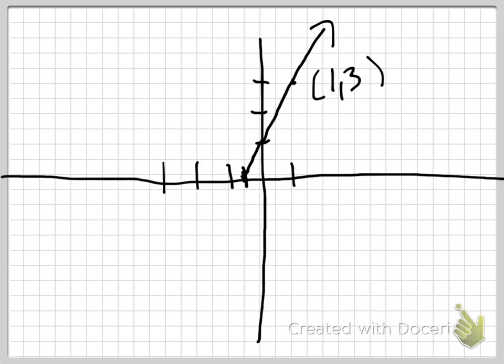But beforehand, it's going to have the y-intercept minus 1 and a negative 2 slope. So it's going to look like this. Let me try to draw it a little better.